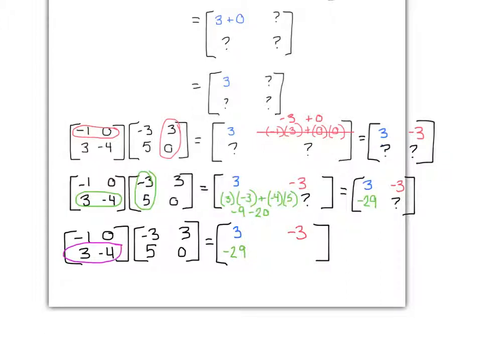Row 2, column 2. What will be my first 2 elements multiplied together? 3 times 3 plus -4 times 0. Close it again.